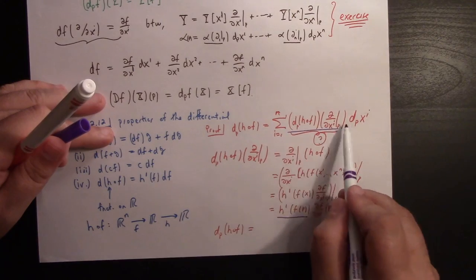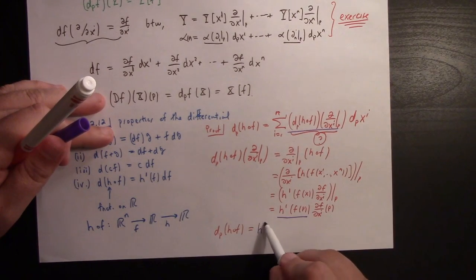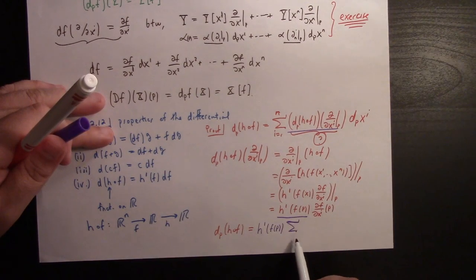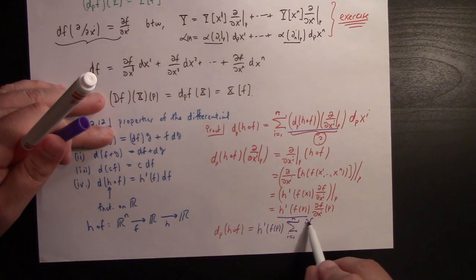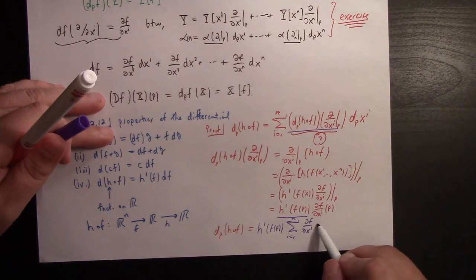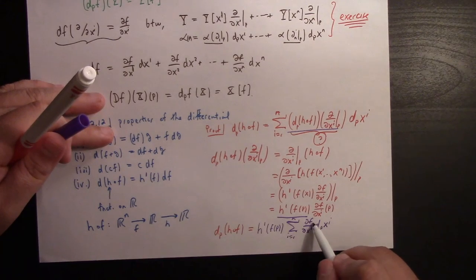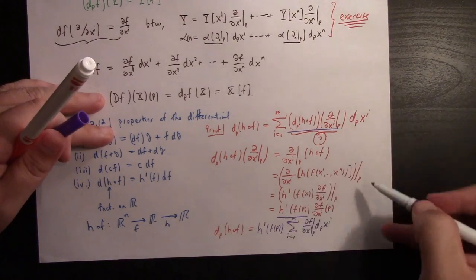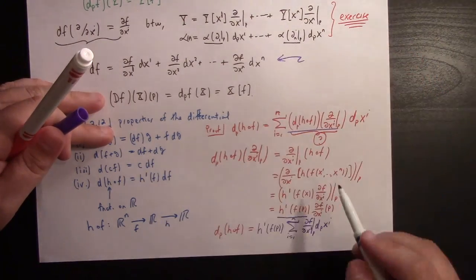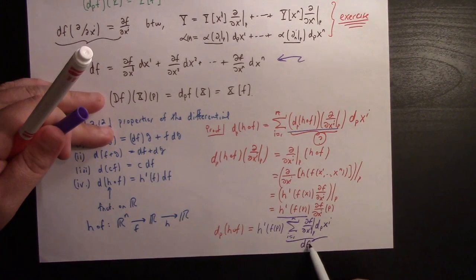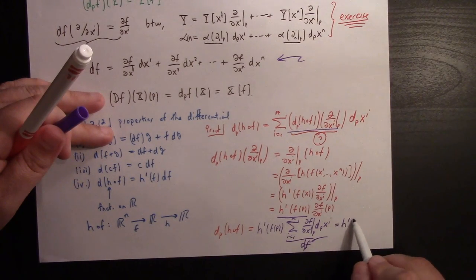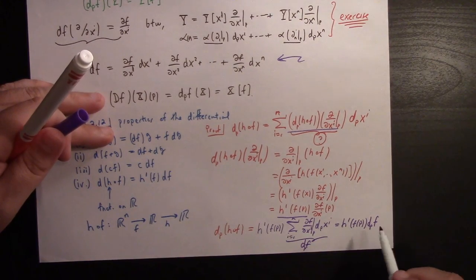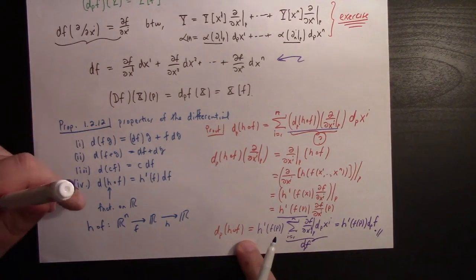It's in every single term in the sum, so I can pull it out by properties of finite sums, and then I've got this sum, i equals 1 to n, partial f partial xi dp xi, at the point P. But just like I told you up here, this is nothing more than df at p. So what you got is h prime of f of p times dpf. Hey, but that's exactly what we're trying to prove.